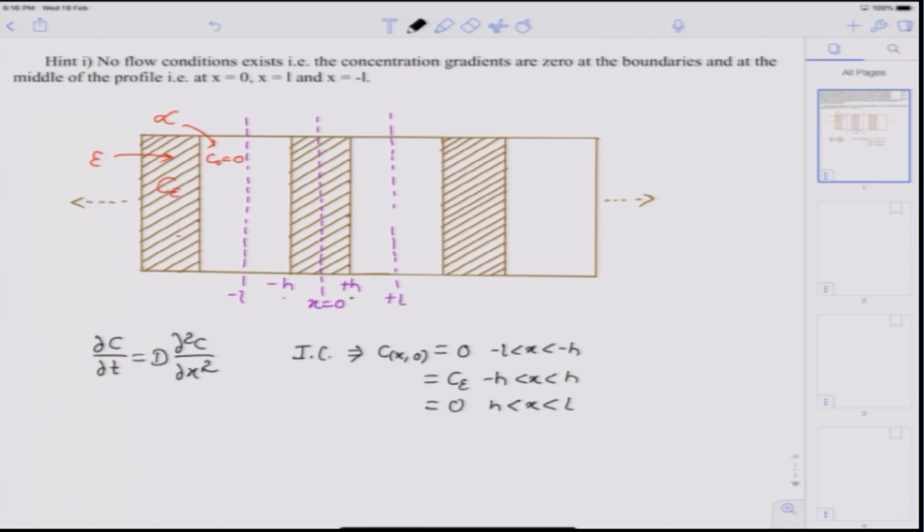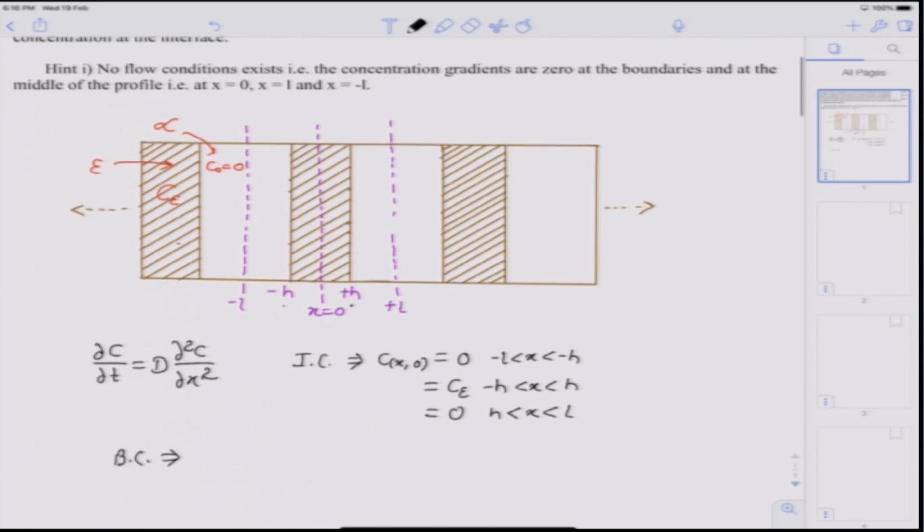And the boundary conditions are the no flow condition, which means the concentration gradients are 0 at the boundaries and at the middle of the profile. So, if you consider the middle of any layer, ferrite or cementite, the concentration gradient is basically 0.